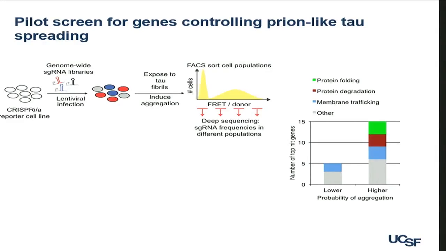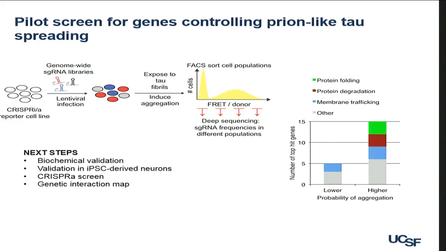And we completed the genome-wide screen in 293 cells and found several genes of interest, some categories overlapping with the genes that Mike identified with his approach, so that's obviously very exciting, and we're prioritizing those. Some in expected pathways having to do with protein folding, degradation, trafficking, acting actually in both directions on this process.